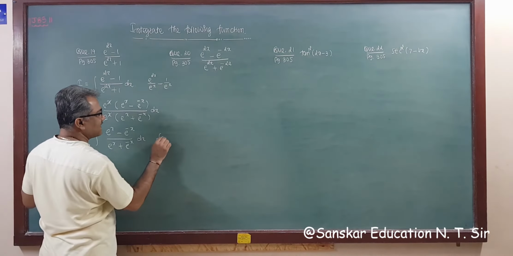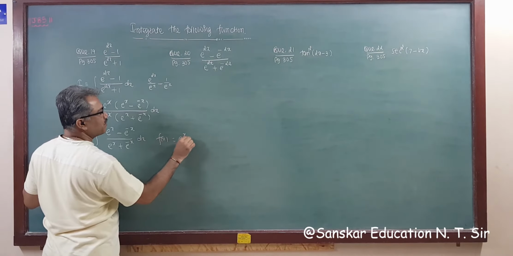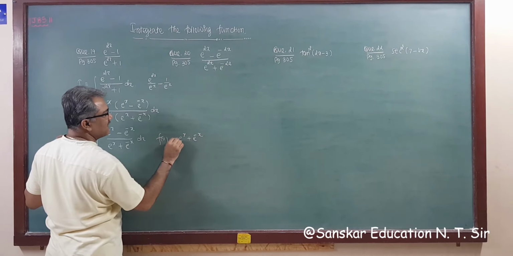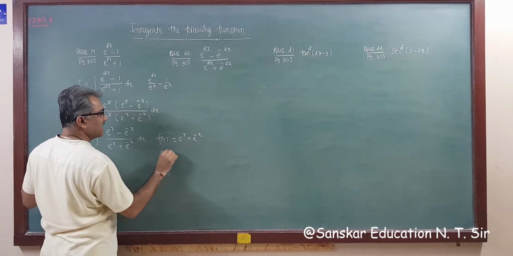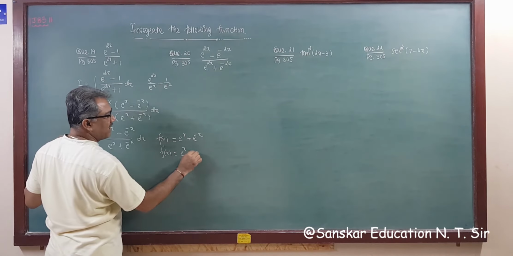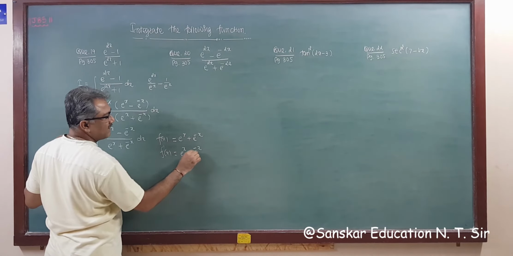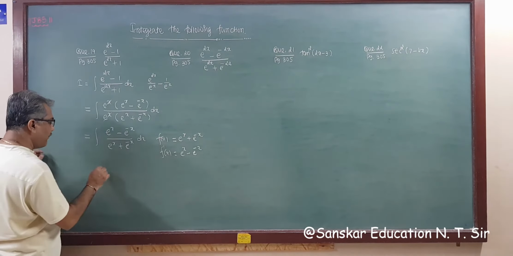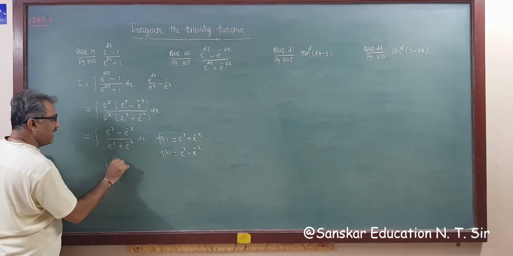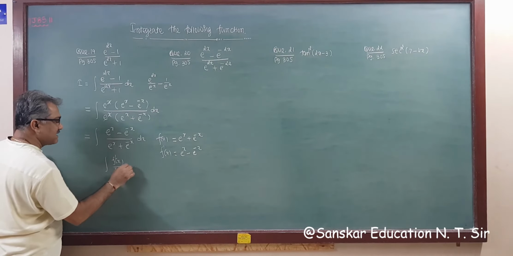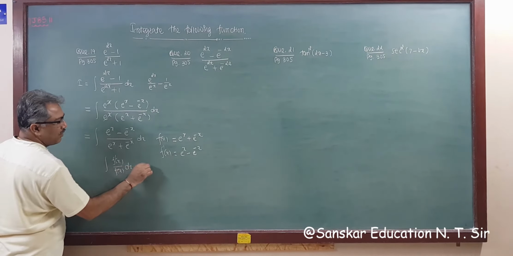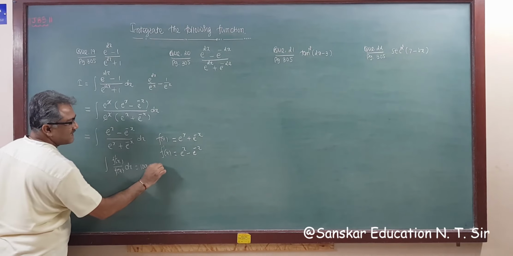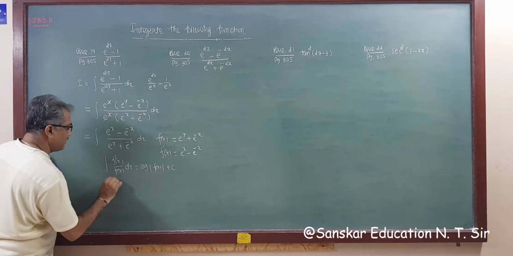If we take f(x) equal to e raised to x plus e raised to minus x, then f dash x will be e raised to x minus e raised to minus x, because we are differentiating this. So this is f dash x, this is f(x). Then you have the formula: integration of f dash x upon f(x) dx is equal to log of mod f(x) plus c. This is your formula.